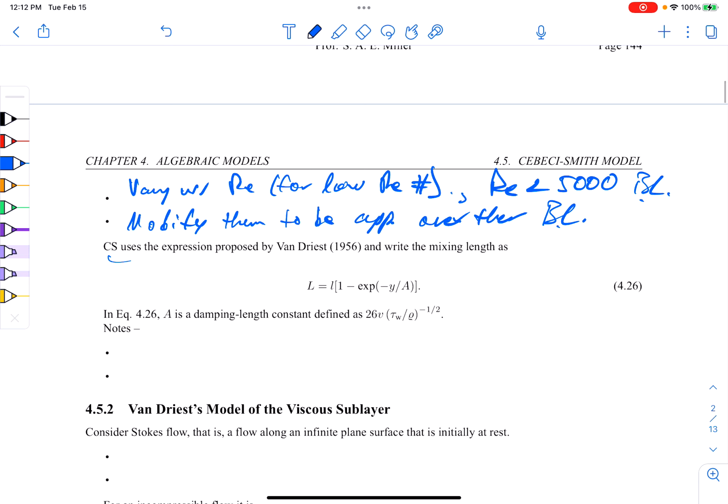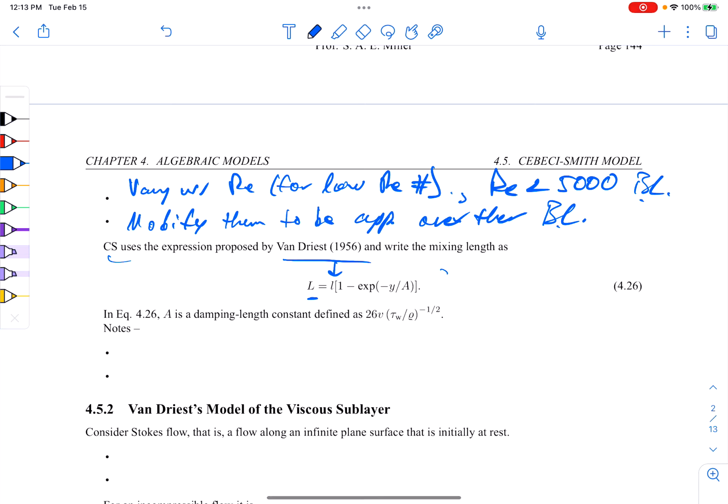And he went way back, about 15 years before, to the paper by Van Driest. That's why I mentioned his work. It might have been one of the last two lectures. And he said that the length scale goes as L times 1 minus e to the negative y over A. So L here is the variation, and L might be the largest scale.